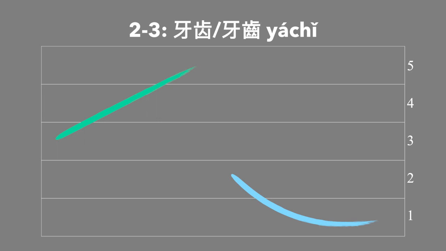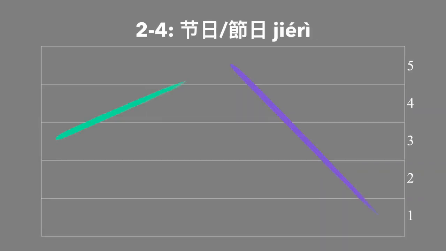So if they overlap, it's going to sound confusing. 牙齿. Okay, here's a 2-4 so you can compare. 节日，节日. So you'll notice that the fourth tone starts considerably higher than where the second tone ends. I'll slow that down so you can hear it again. 节日.